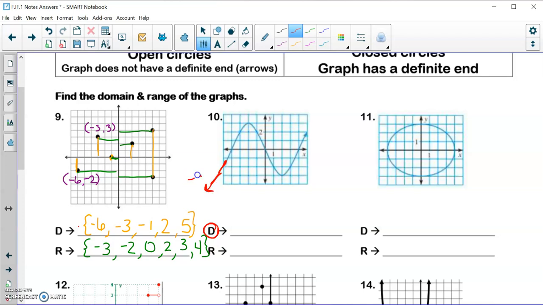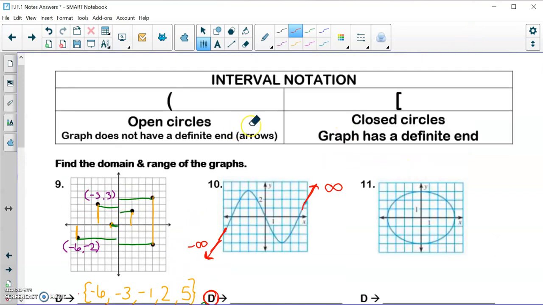So that's going towards -infinity. And since there's an arrow on this other end, that's never going to stop, and it's going to keep going as wide as +infinity.